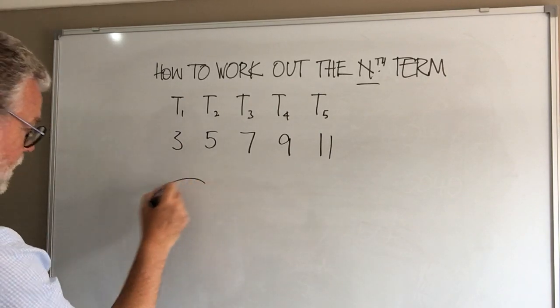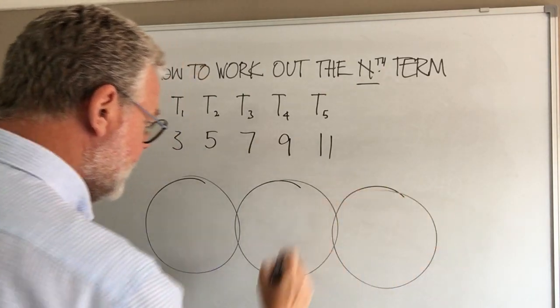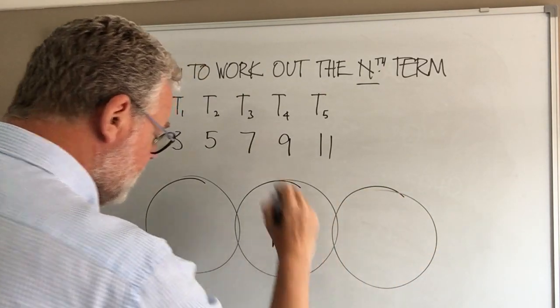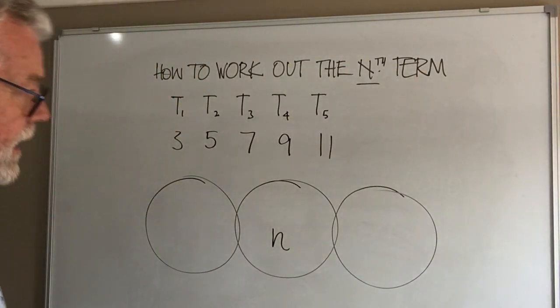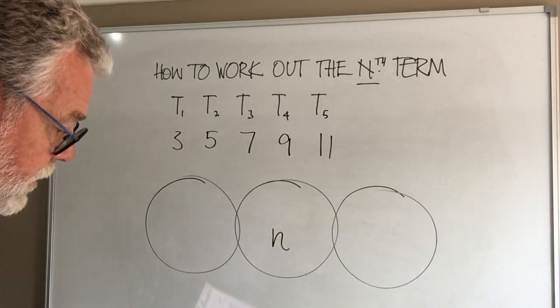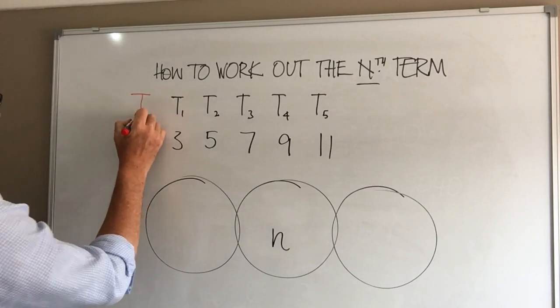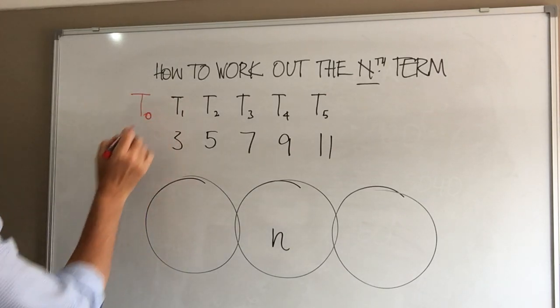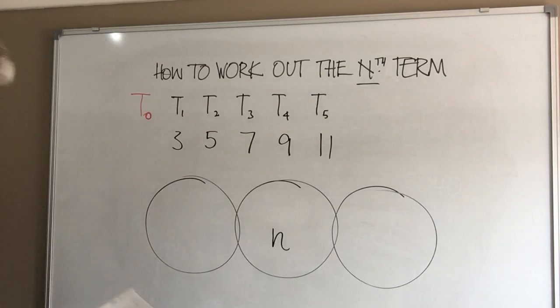So all I do is I draw 3 circles. The one thing to remember, in the middle circle is always the value of the letter n. Now, to help us out, I'm putting here what I call term 0.